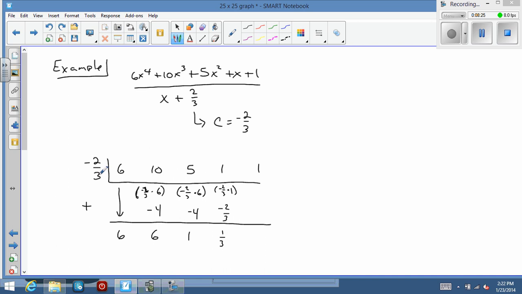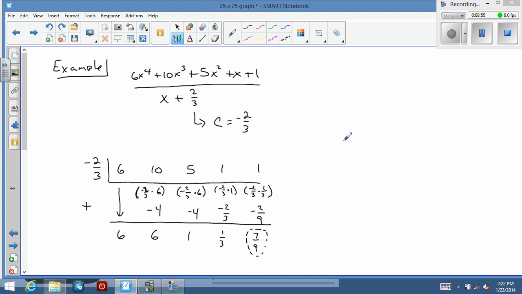We go back to the negative 2/3 to multiply by 1/3, so negative 2/3 times 1/3 is negative 2/9. When we add 1 plus negative 2/9, we get 7/9, and this is our remainder.